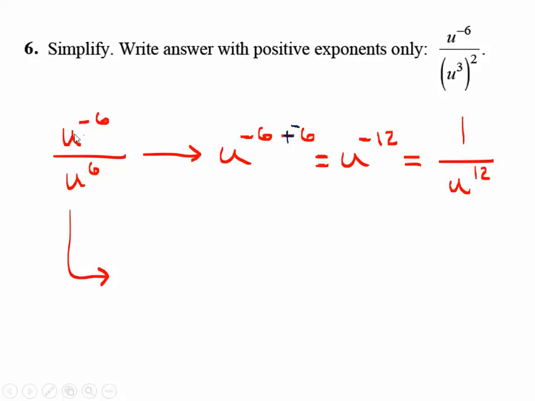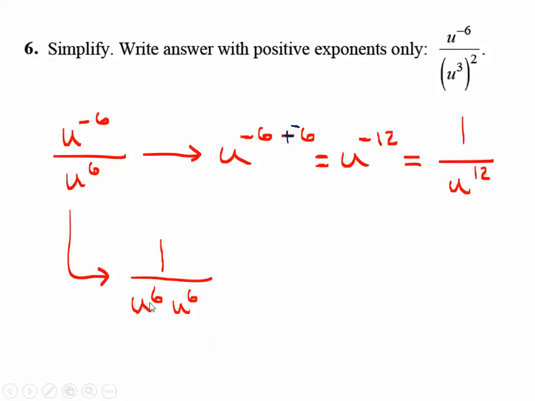What happens with this u to the negative 6? Could I take this down to my denominator? Is that okay to do? Because negative, I'll bring it down to the bottom. That would make a positive 6. Good there. So it looks like this. 1 stays on top. U to the 6, that's this one here. But this one has to go down to the denominator so that my exponents are positive. We're good there?